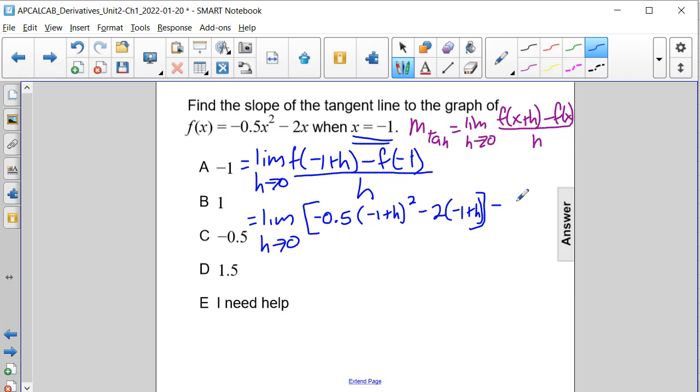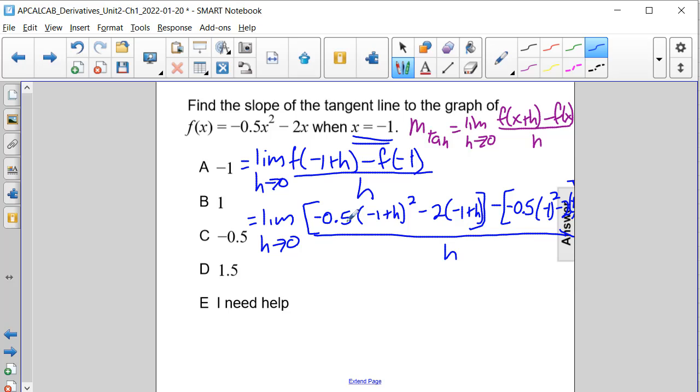And then we're going to subtract -5/10 or -1/2 times -1 squared minus 2 times -1, all divided by h.